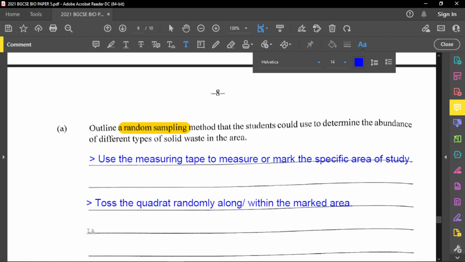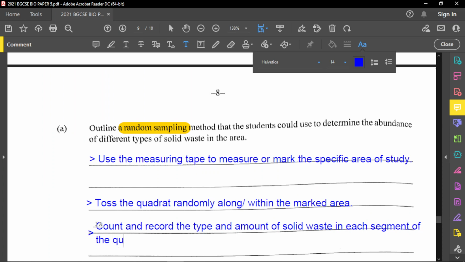And the next thing you're going to do, after you toss it, is count. You're going to count and record the type and amount of solid waste in each segment or sector of the quadrat.